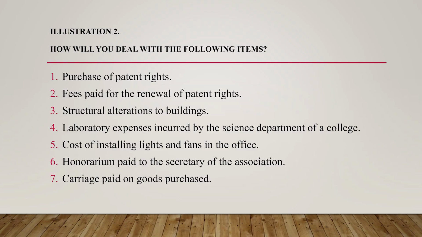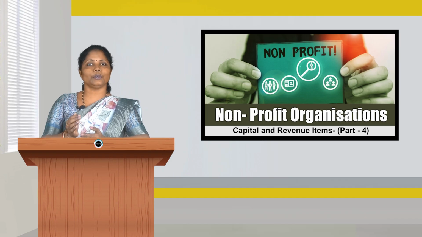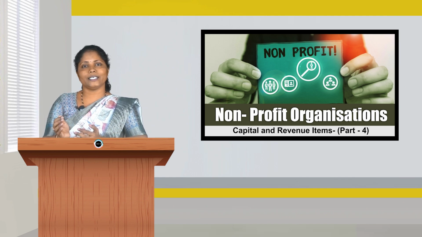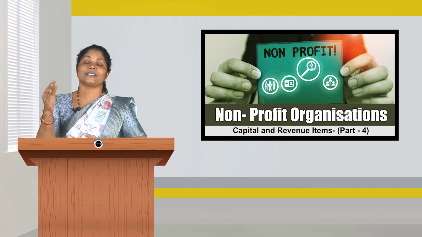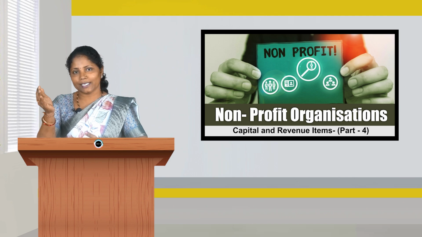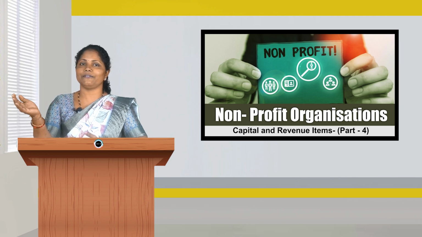Then structural alterations to the buildings. We have to look into what expenditure is incurred for structural alterations of the buildings. In that, a portion will be connected to alteration or extension of the building, and a few of the expenses will be in connection with the maintenance of the building.